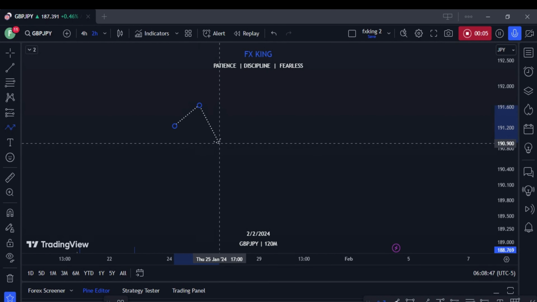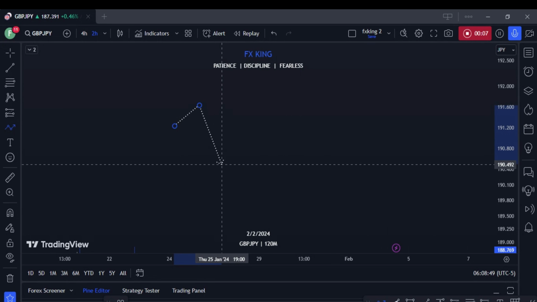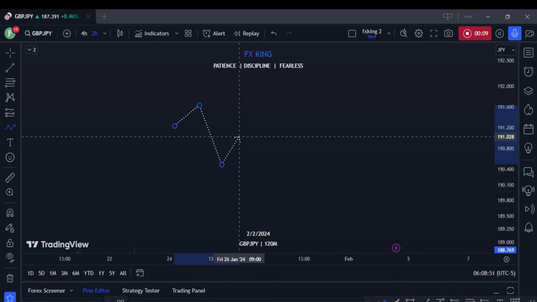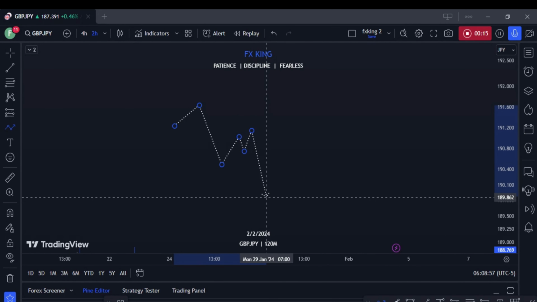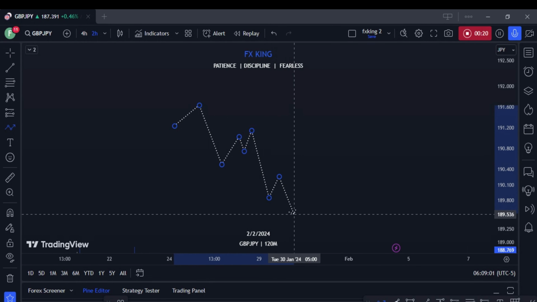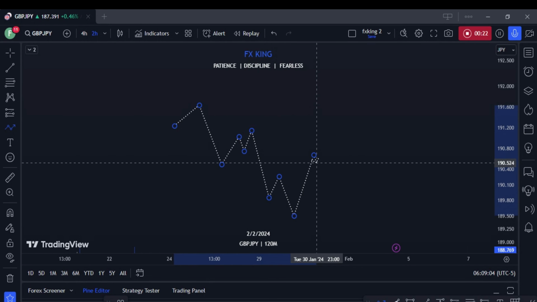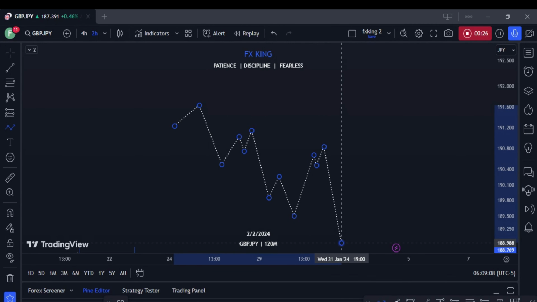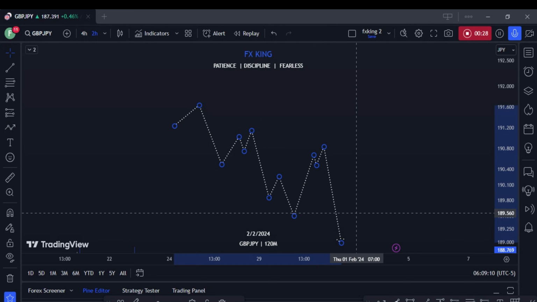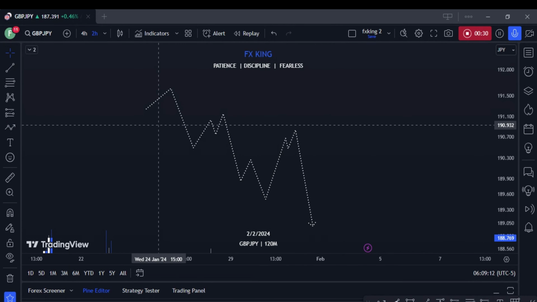Okay, we'll be starting with this example of a downtrend here. This will be our first example in this case.